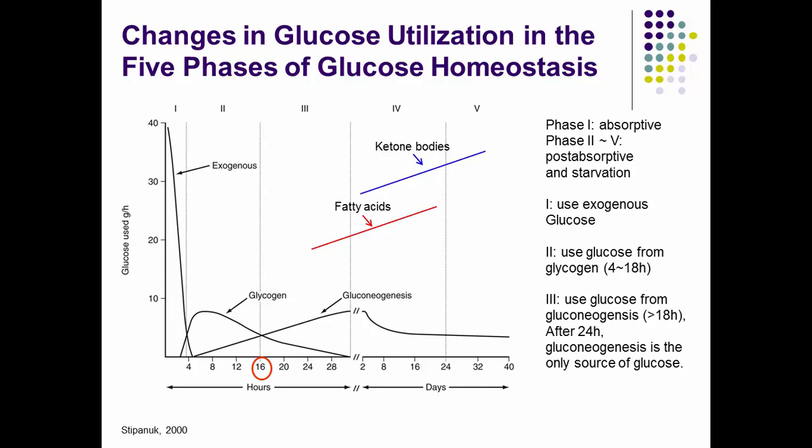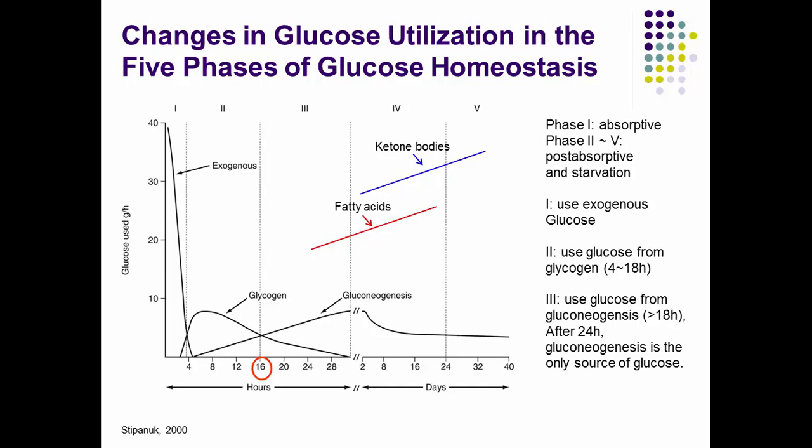So here I want you to remember the time point when glycogen is completely depleted: between 16 to 18 hours. After 16 or 18 hours, the glycogen is completely depleted.